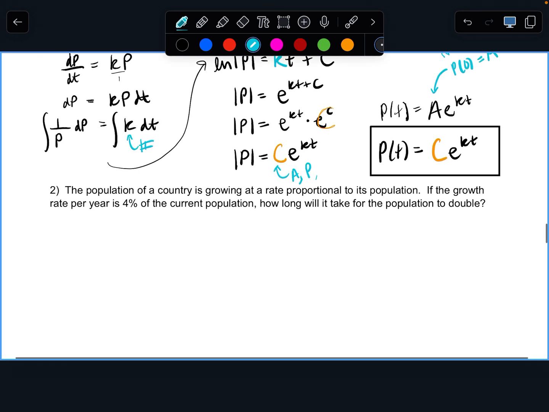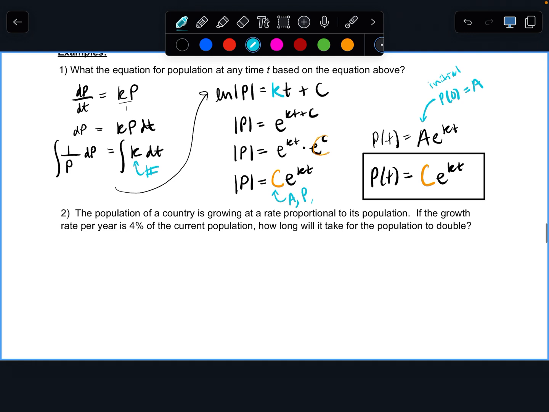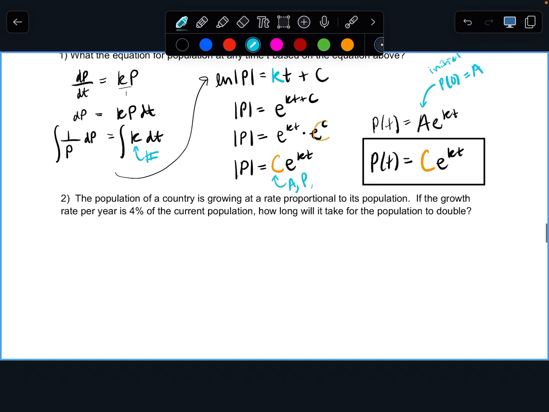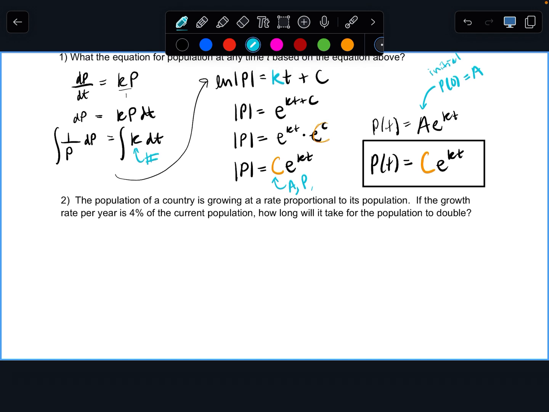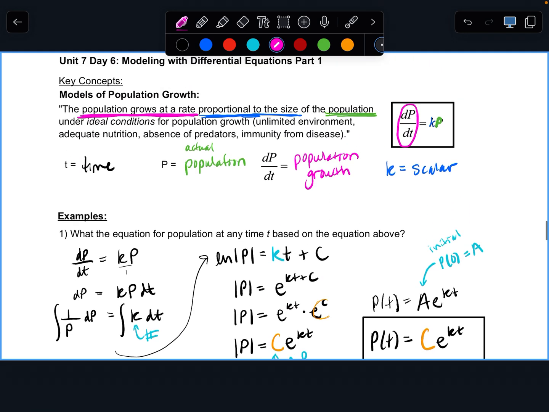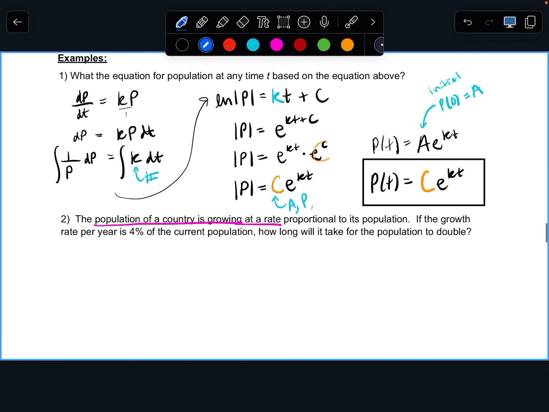Okay. So this is usually how they ask it. They'll say the population of a country is growing at a rate proportional to its population. If the growth rate per year is 4% of the current population, how long will it take for the population to double? Okay, so what you want to read is it says the population is growing at a rate proportional to its population.